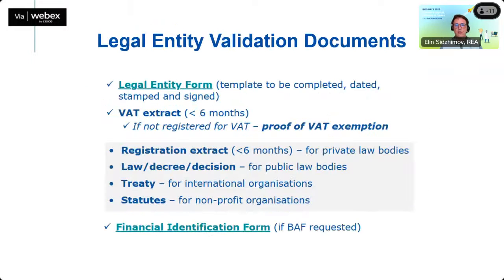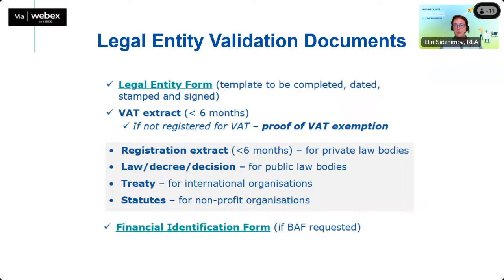Please, we can go to the next slide, which actually enlists the legal documents that we are going to request from you in order to validate your organization. They depend on the type of the legal entity.